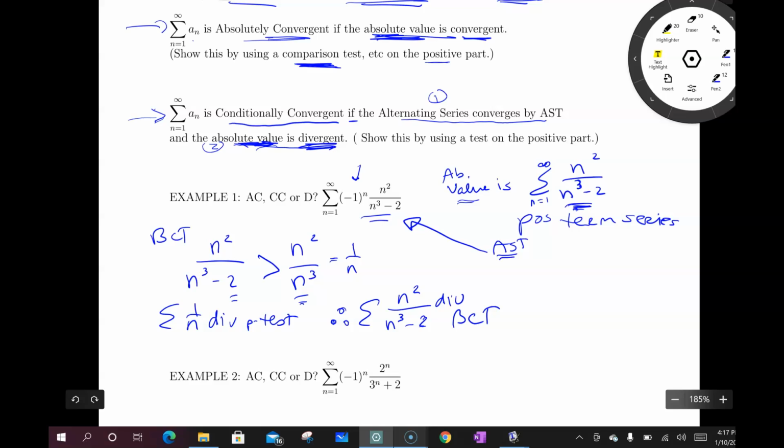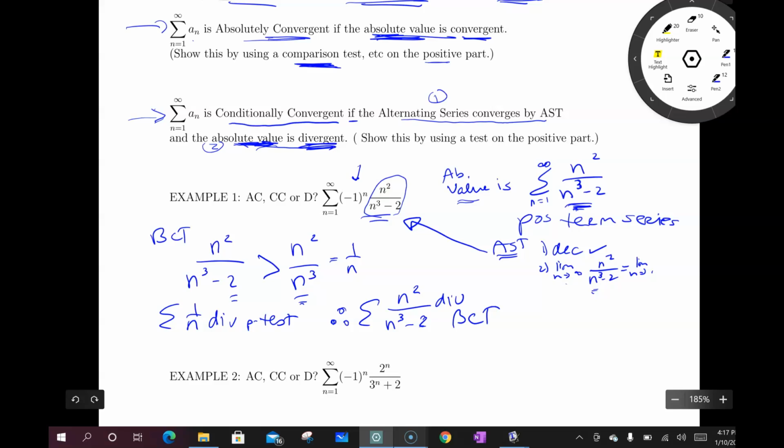So let's go check by AST. Does it look like the terms are decreasing? As I put in larger n values, does this look like it's getting smaller? Check. Then I want to check, as n goes to infinity, n squared over n cubed minus 2, by taking the limit with highest powers.